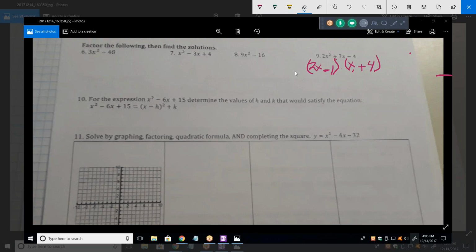In other words, we just factored it. We didn't solve it. It says find the solutions. Factor, then find the solutions. There's a problem with this question. This is the solution. Okay. But that's not what he meant.